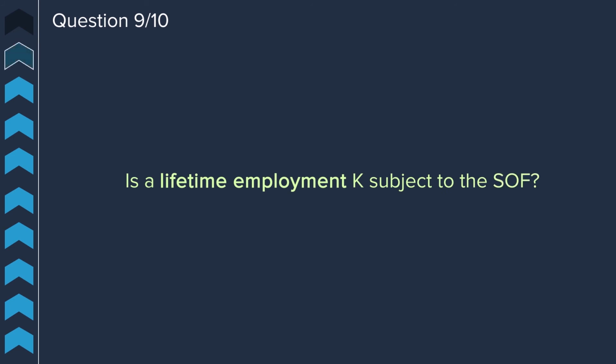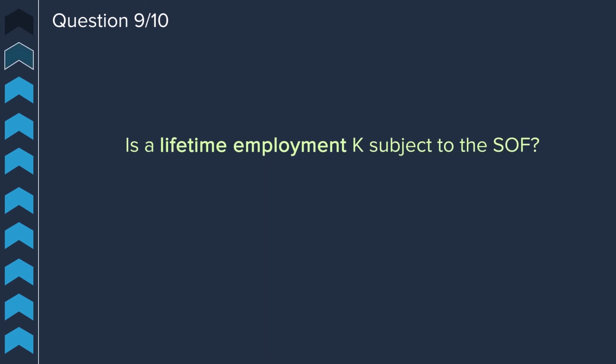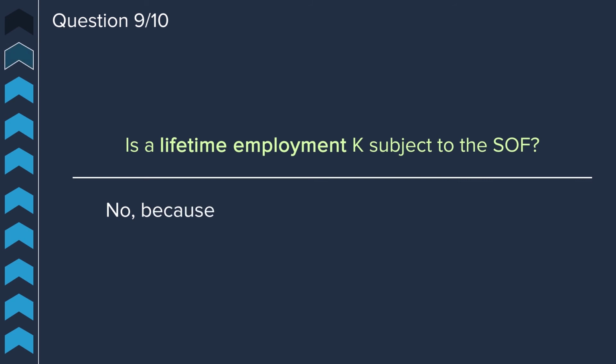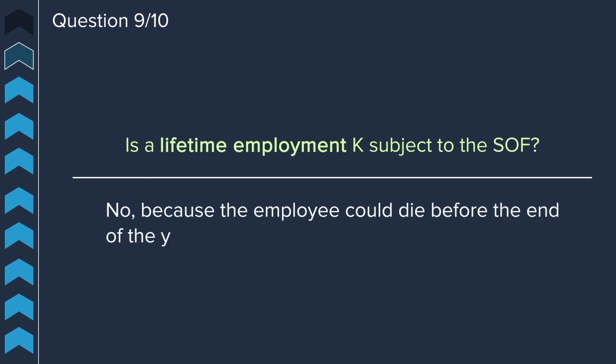Question 9. Is a lifetime employment contract subject to the Statute of Frauds? No, because the employee could die before the end of the year. The contract could technically be performed within 1 year.